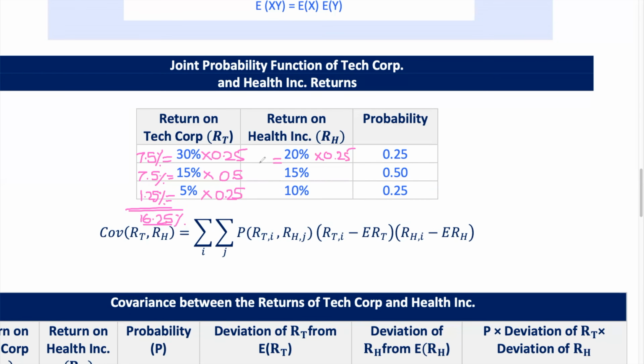We will do the same with Health Incorporation stock. The expected return on Health Incorporation stock is 15%.